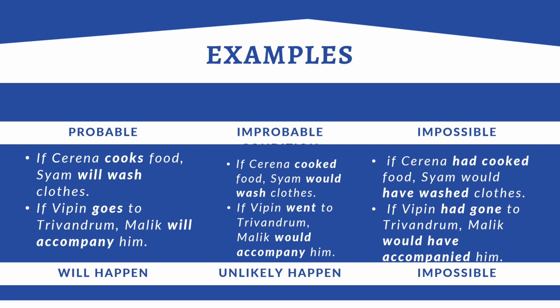We all know improbable condition is something that has happened in the past, it won't happen in future, and it is very unlikely or difficult to happen in future. Anyway, if Serena cooked food, cooked is in the V2 form, Shyam would wash clothes. Would plus V1 form is there in the main clause.